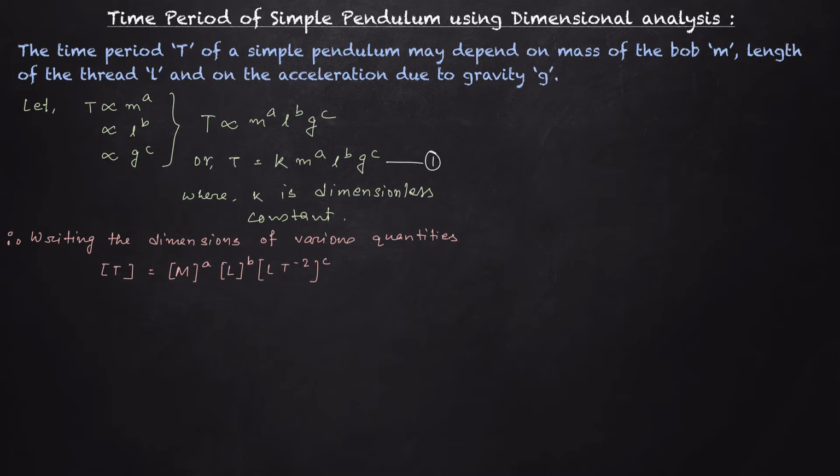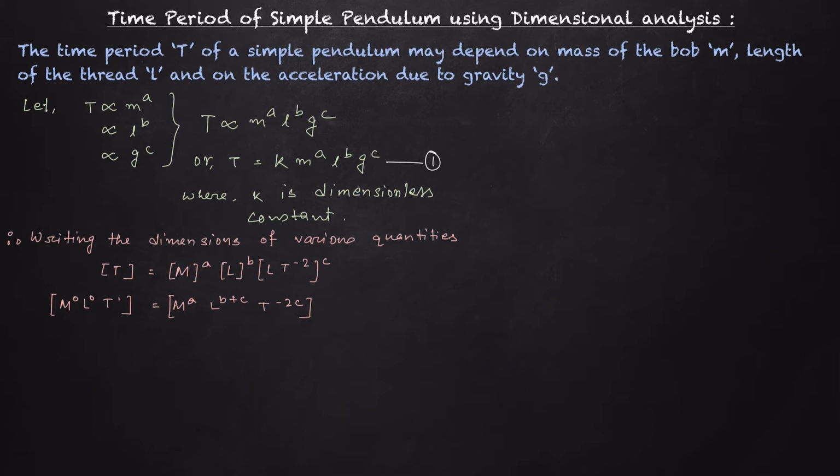Again, we can write the left hand side as M to the power 0, L to the power 0, T to the power 1. M to the power 0, L to the power 0 gives you 1, so that's why I did not write it in the previous line, but you can write it like this. One thing I'd like to mention is that k is a dimensional constant, so I did not consider k in these expressions.